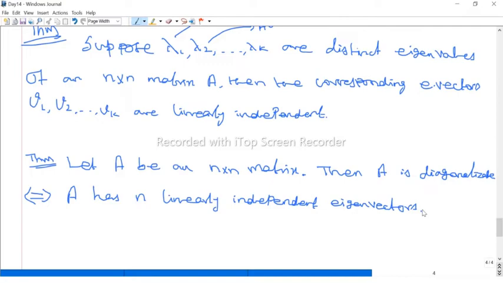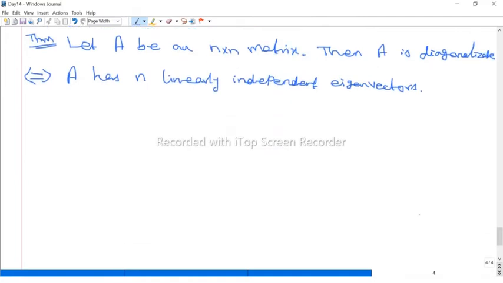But in general, not all matrices are diagonalizable. Some matrices are not diagonalizable. Even more, we can say if you take any non-zero nilpotent matrix, it is not diagonalizable. Why? Suppose we take some example.